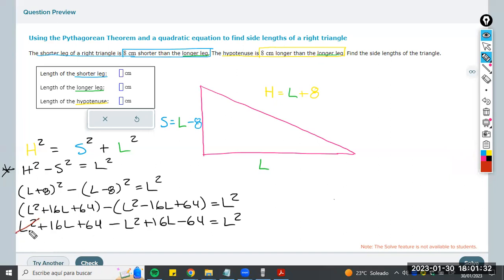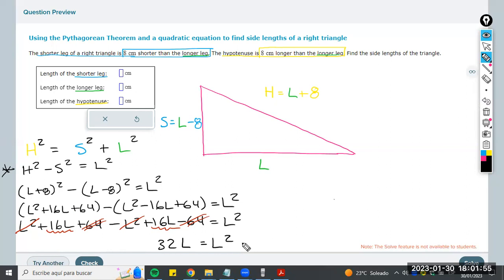So L squared minus L squared is 0, and 64 minus 64 is 0. So we are only keeping the 16L two times, right? So we have 32L equals L squared.